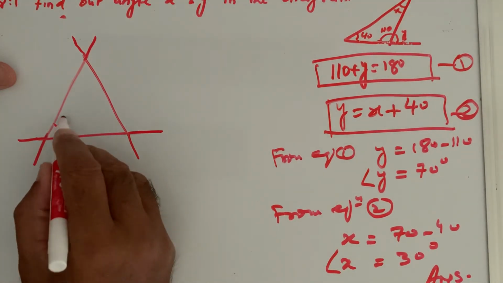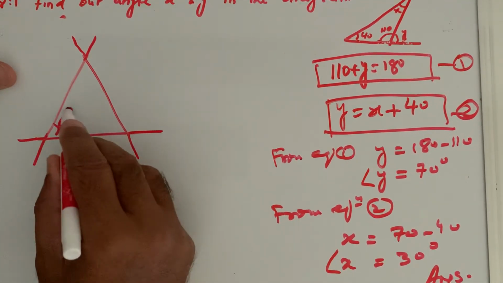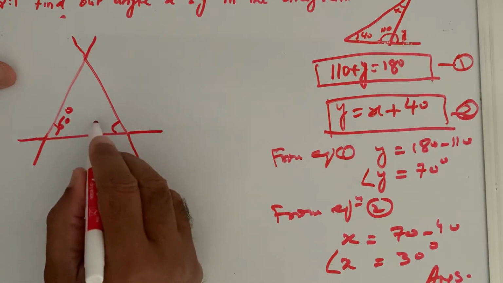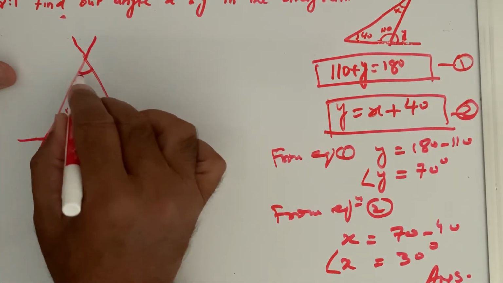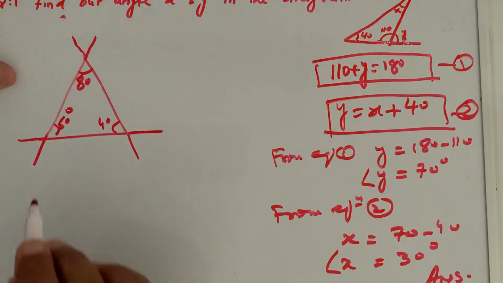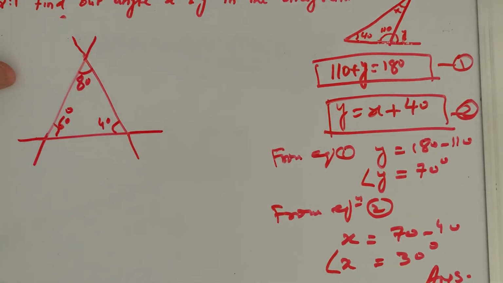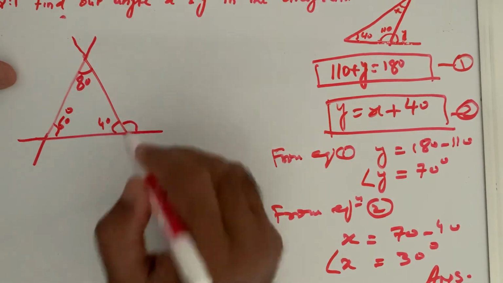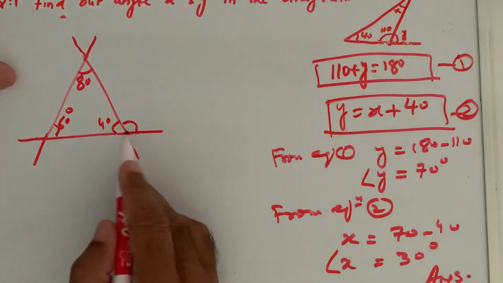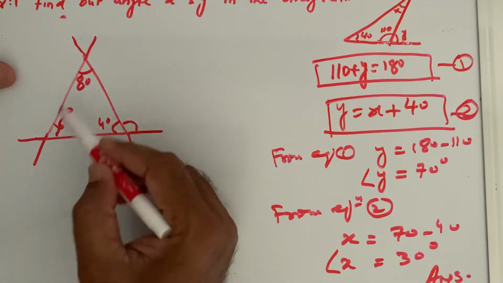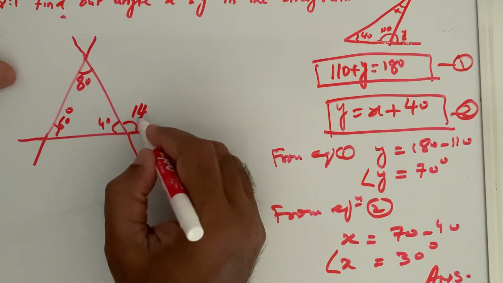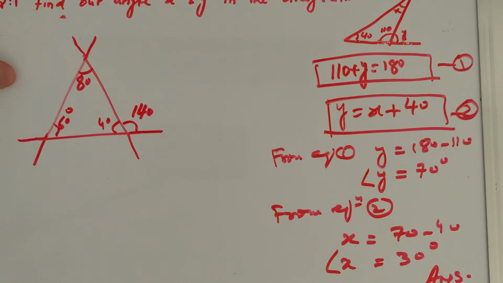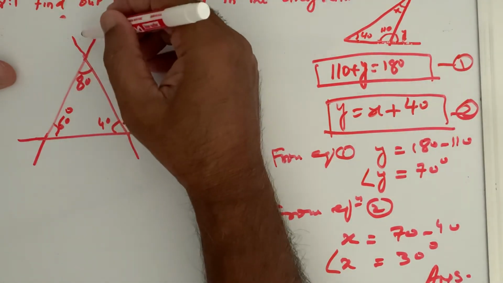Let's say this is 60 degrees, this is 40 degrees, this is 80 degrees, right? Now, what will this angle be equal to? This angle will be equal to the sum of these two angles. So 80 plus 60, we can put 140 here. Very good.